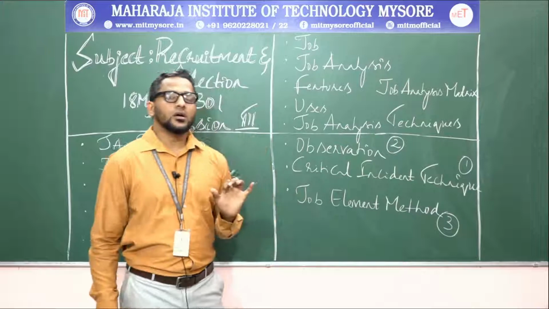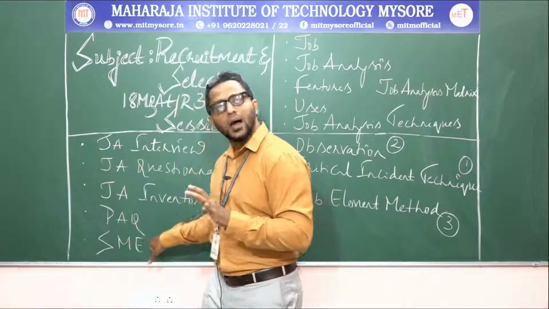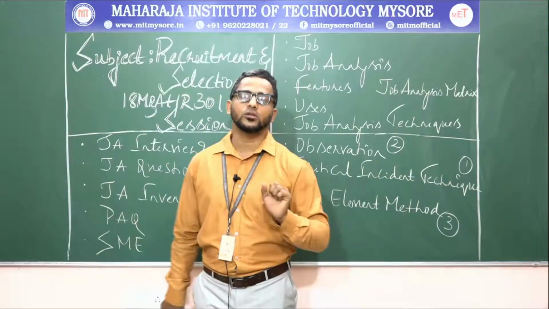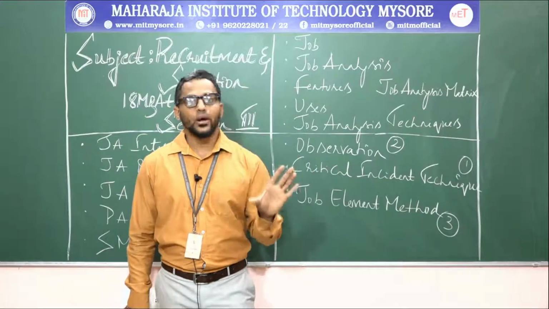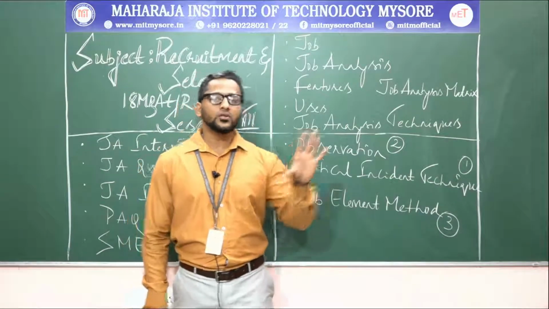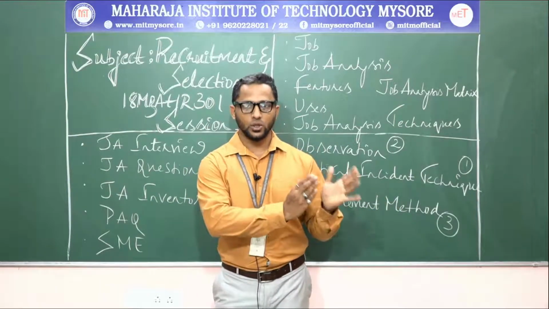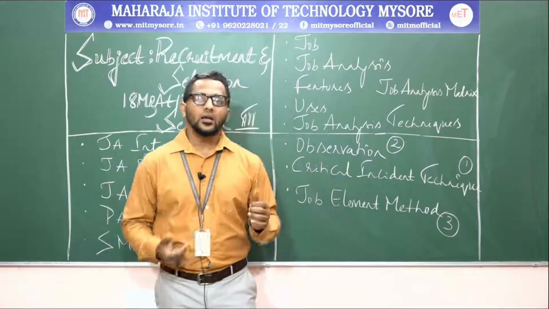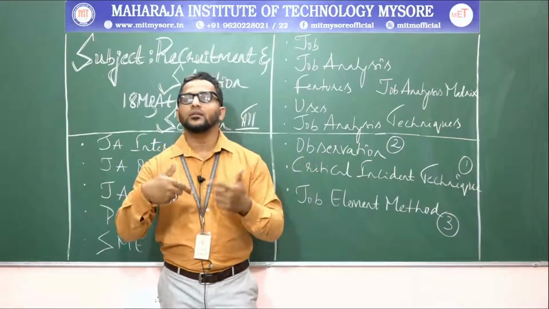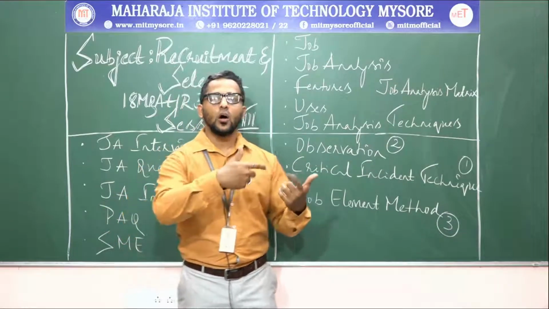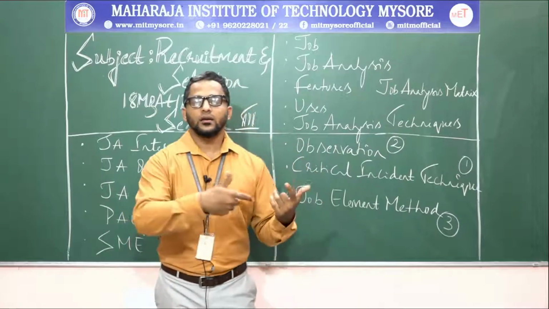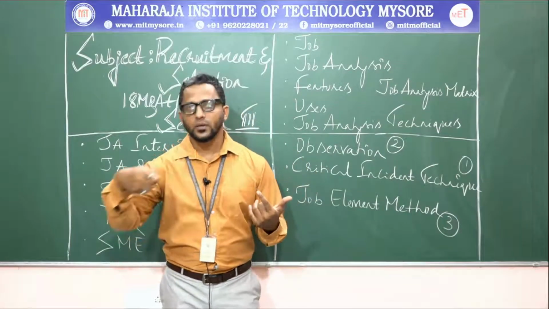And the general steps to implement this subject matter expert, or else it is also called job expert work. First you are selecting and preparing. You select a particular job and you start preparing. Then you start identifying and rating the job tasks. What all job tasks I can identify and how much I can rate them.